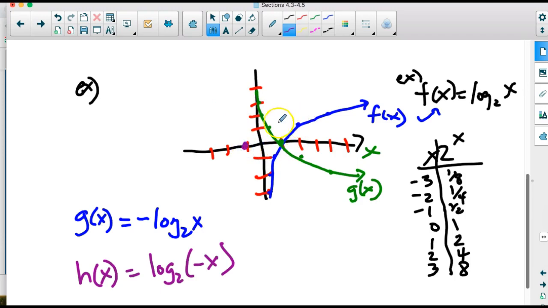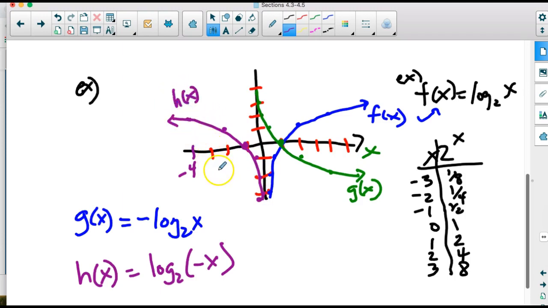This point is 2 out, would reflect to 2 out here. This point is 4 out, it would reflect to 4 out here. That's 4, -4. These points would reflect, here's half, here's a quarter, here's an eighth. So we would get this graph right here. This would be h of x. That's a reflection.